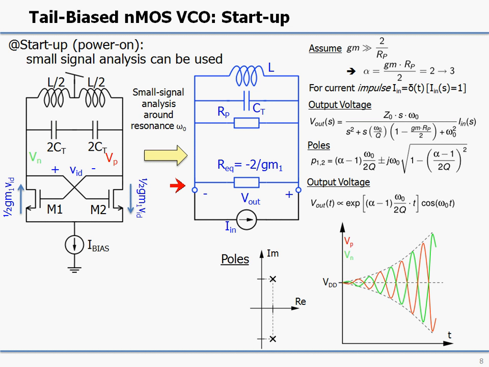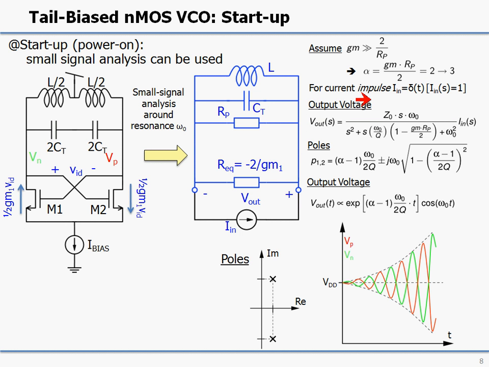When the circuit biases up at startup, at the beginning of power up, what we need to study now is what the effect is going to be of small noise impulses that are present in the circuit due to the presence of these active components, and how they will be treated by the resonator, which has this negative resistance in it.